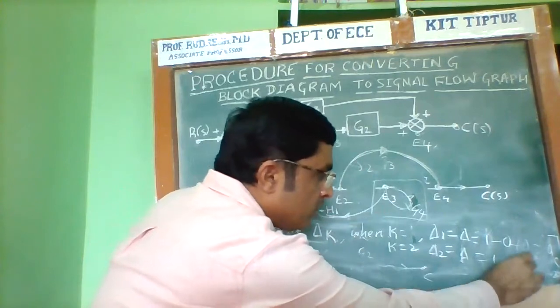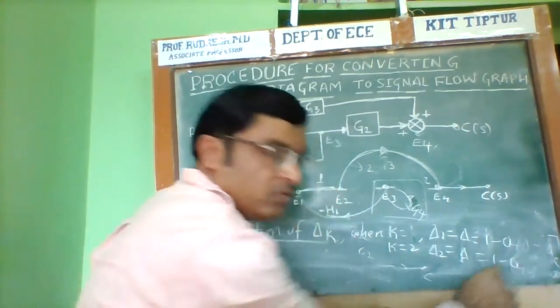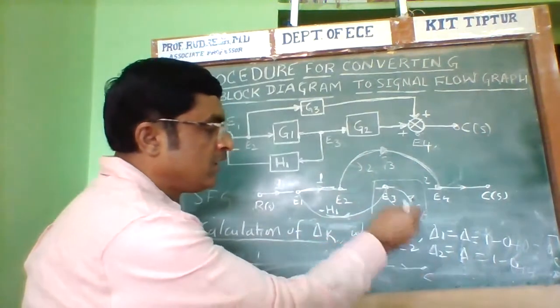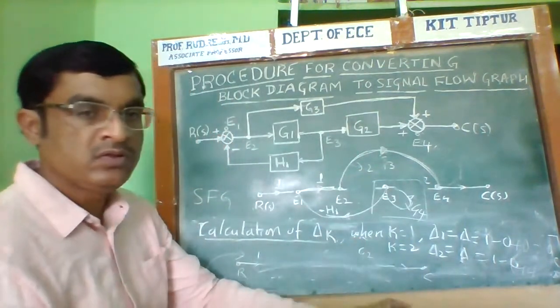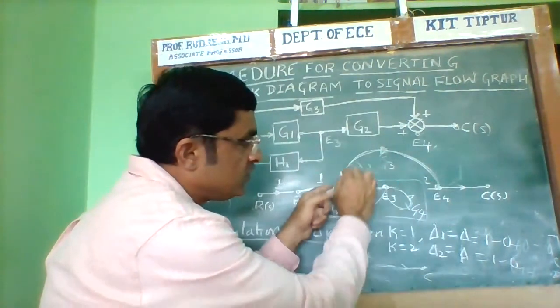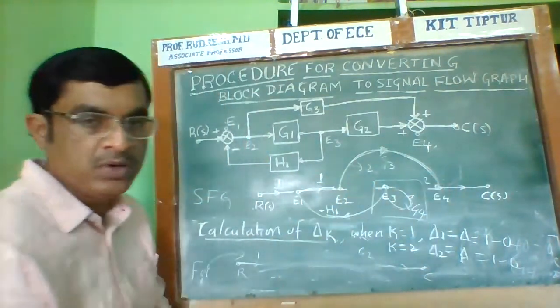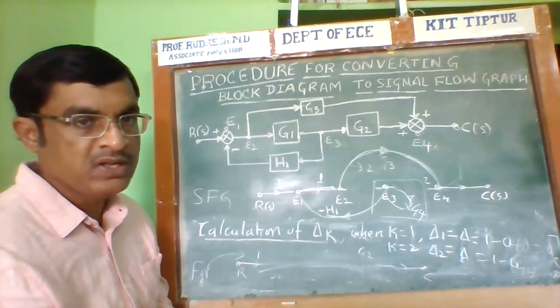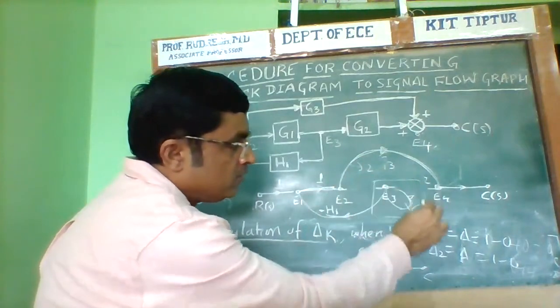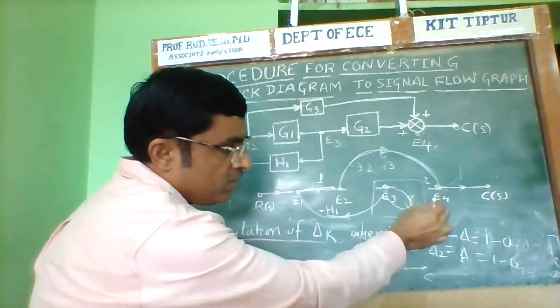We need 1 minus G4. We need to write that in such situations. Delta 2 can be calculated by the same formula of delta, but for the part of the graph which is not touching the second forward path.